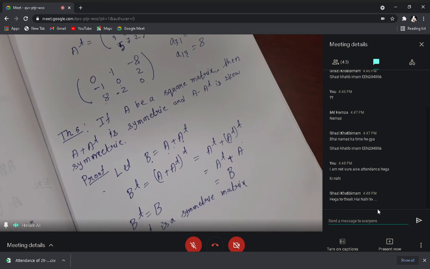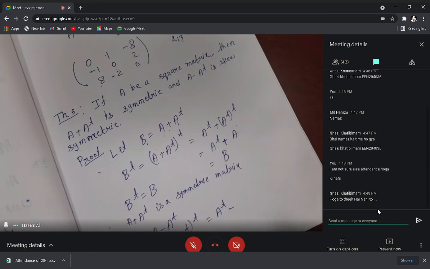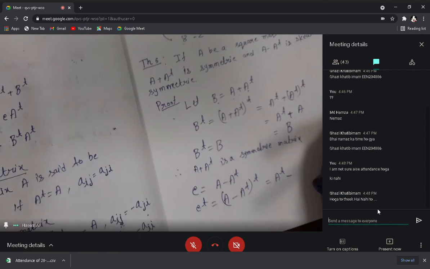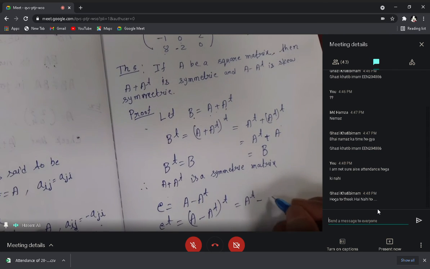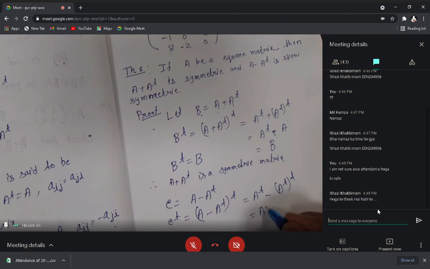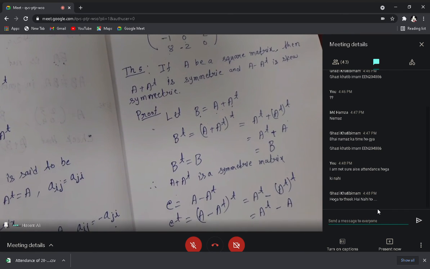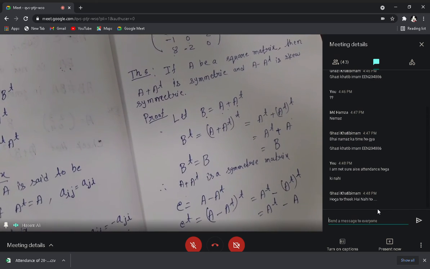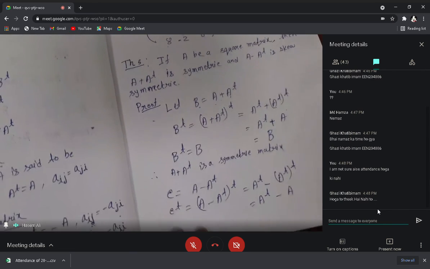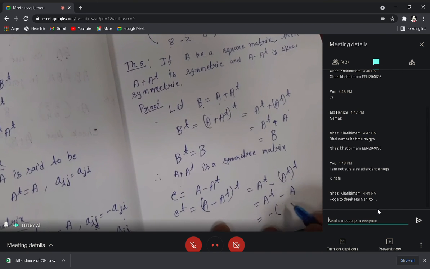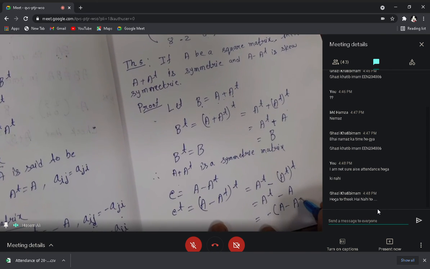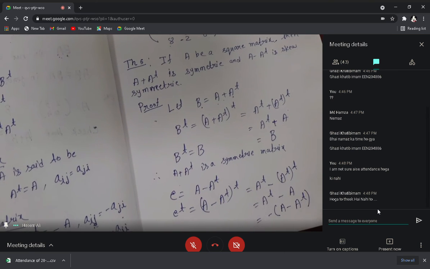Now let C equals A minus A transpose. Now calculate C transpose. C transpose means A minus A transpose, whole transpose. This equals A transpose minus A transpose transpose, and this equals A transpose minus A. If we take minus common, this will be minus of A minus A transpose.